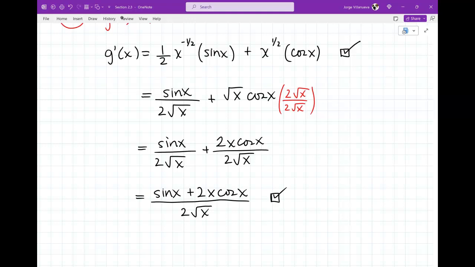What page is 2.2 on? 115. 115, so 139. All right, number 9 you said? Yeah. Use the rules of differentiation to find the derivative of the function.